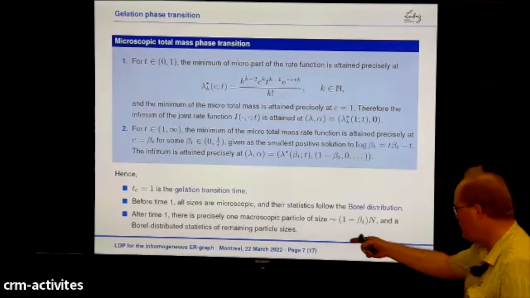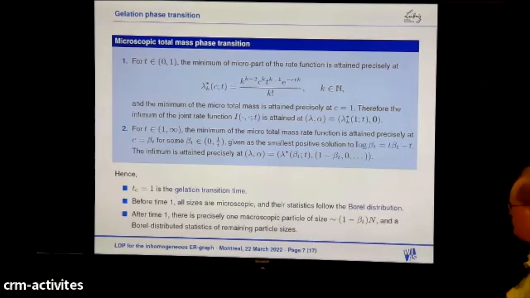And after time 1, there's precisely 1 macroscopic particle of size, this one here, and the rest is also Borel distributed with different parameter. You can write down these formulas also in terms of expectations of the total progeny of a certain branching process.